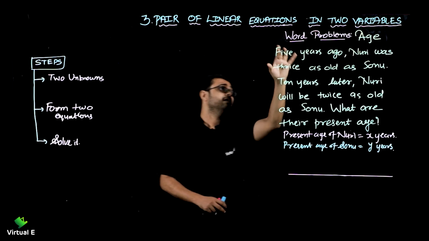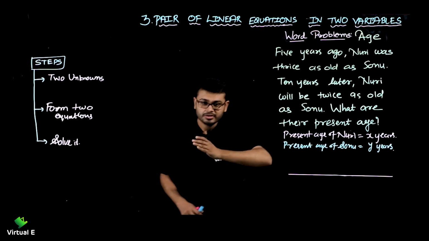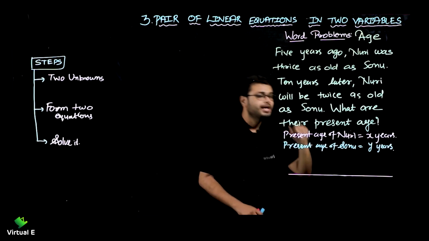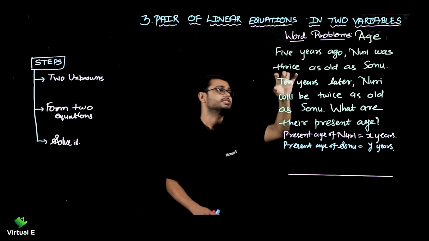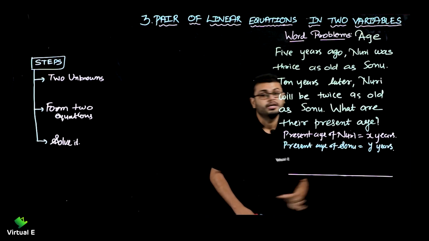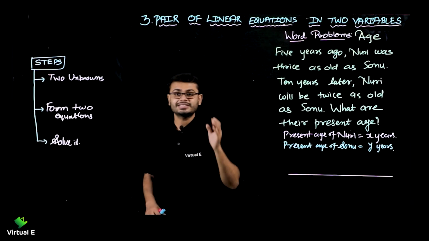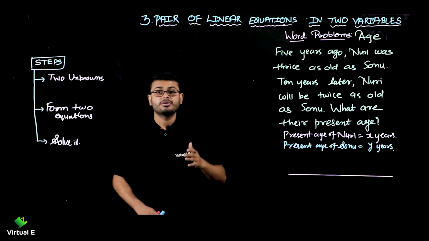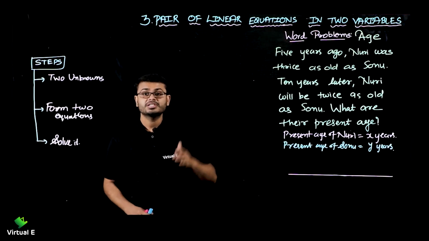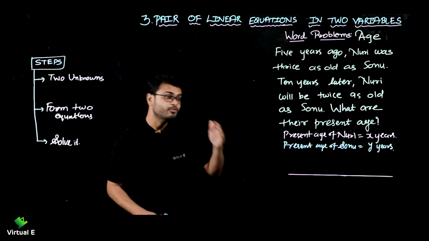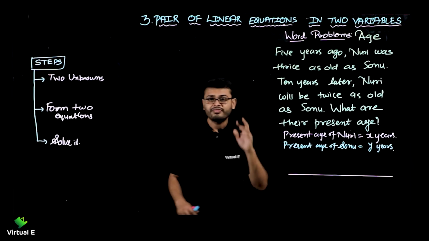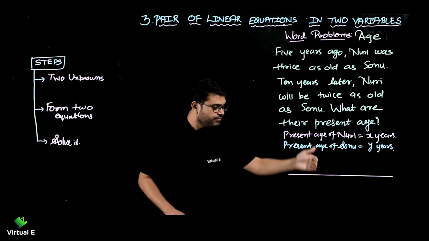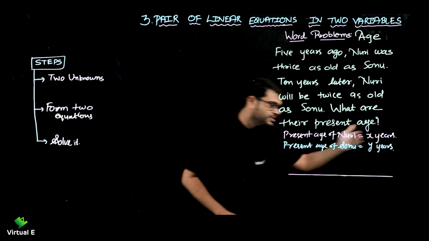So we have one time which is 5 years ago, another is the present, and see the next sentence, 10 years later. If your age is now 15 years, 10 years after that will be 15 plus 10, that is 25. So I'm going to add it. So I'm going to find two ages, 5 years ago and 10 years after.